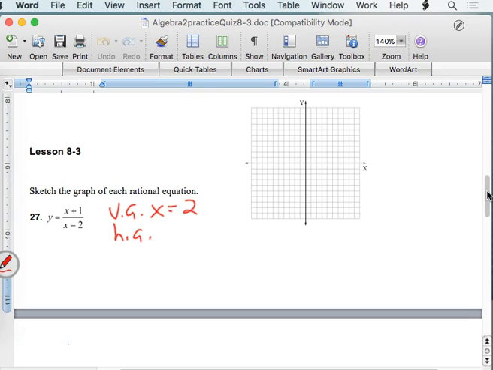And since we're talking asymptotes, let's talk about the horizontal asymptote. That has to do with the degree. So if there's no powers up there, what are the powers? What do we do when the degree of the top is the same as the degree of the bottom? The fraction thing.